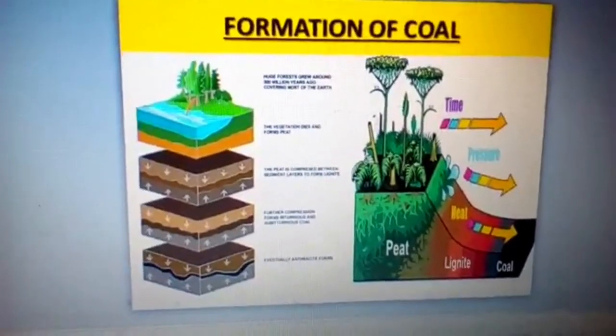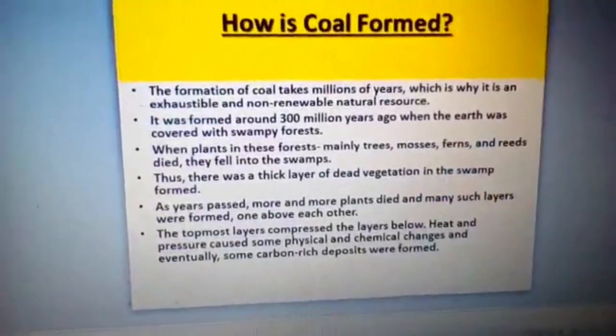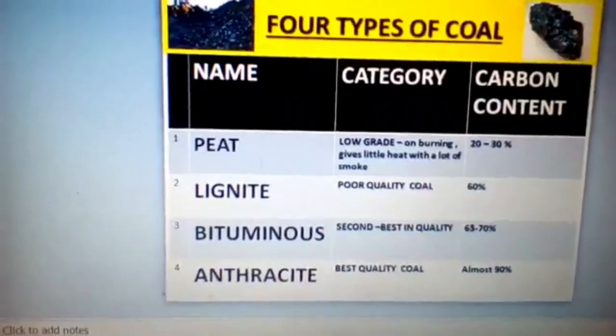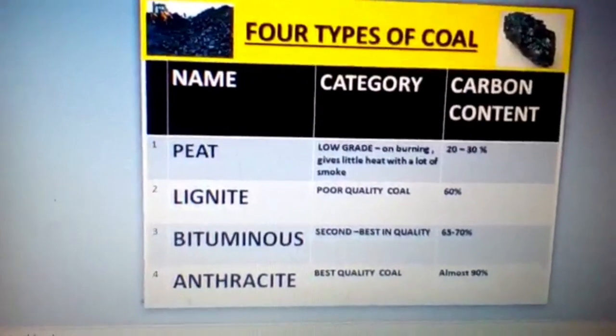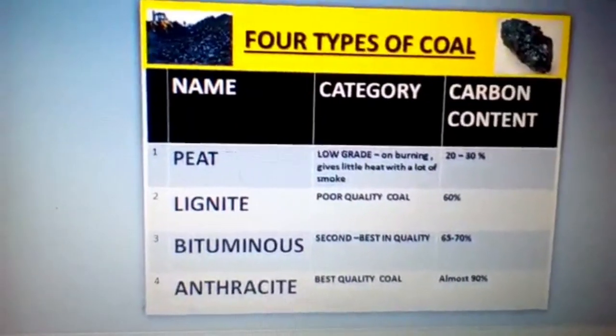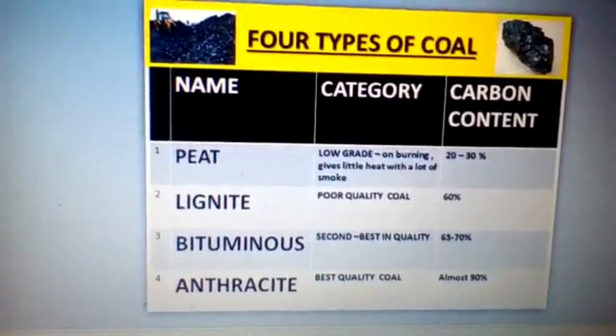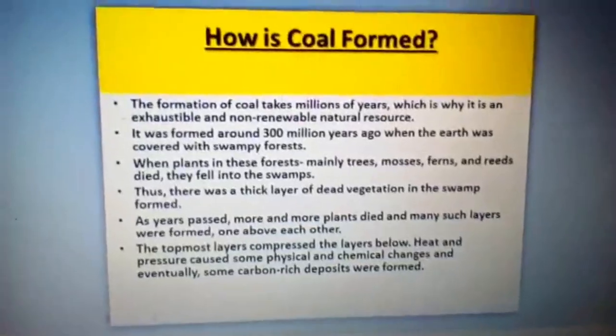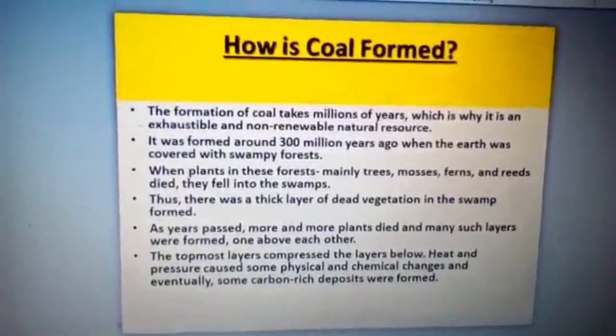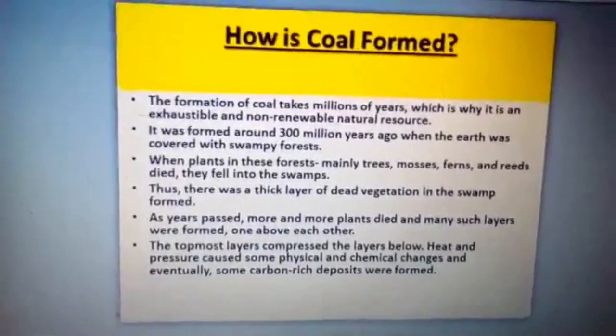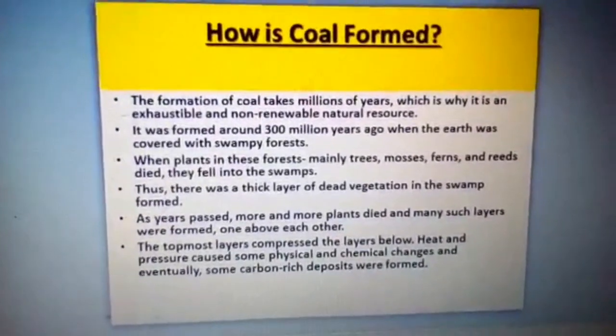The coal formed is also of various types because it depends on the content of carbon present in it. Therefore, it is categorized on that format. Here are some precise pointers given to you to understand how coal is formed.